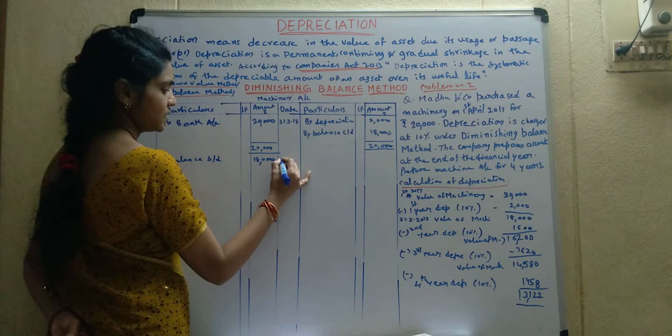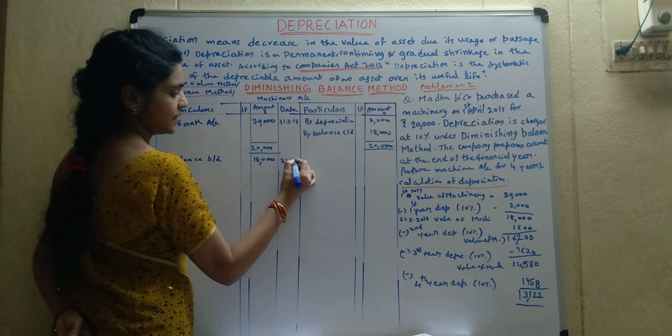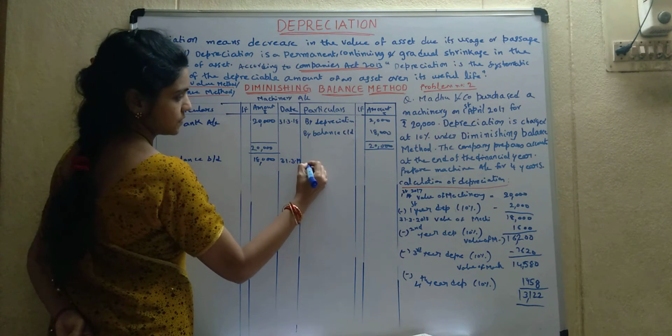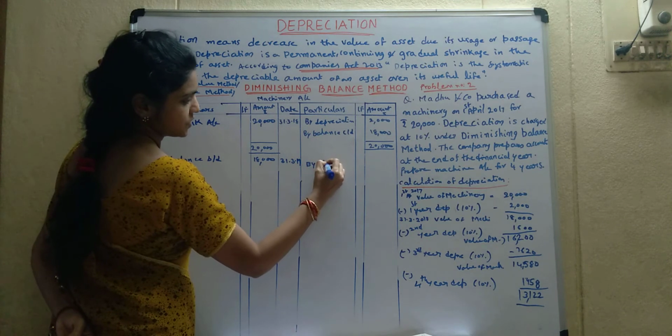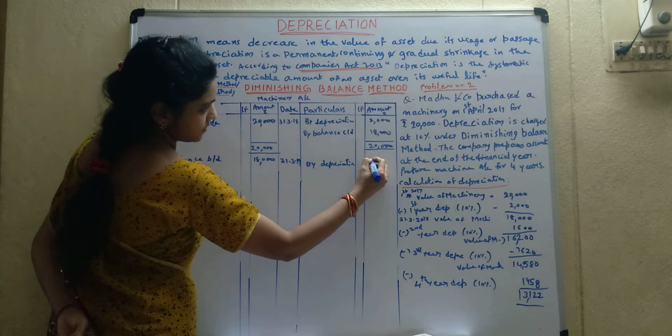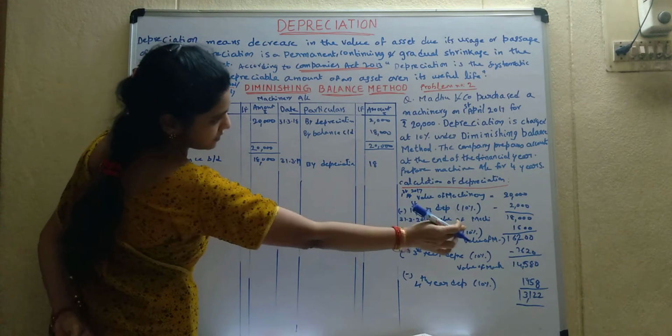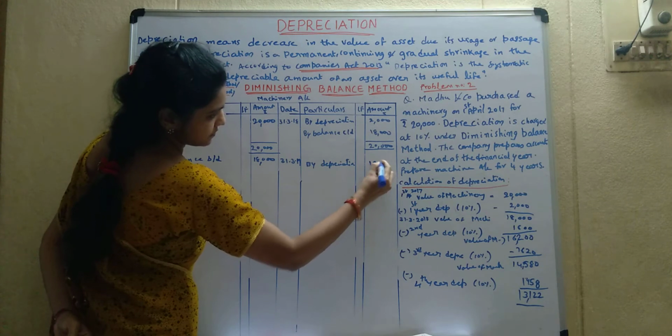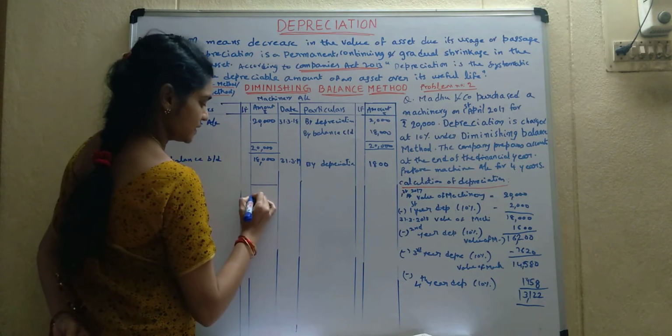And again at the ending of the year, by depreciation 1800. Again balance.